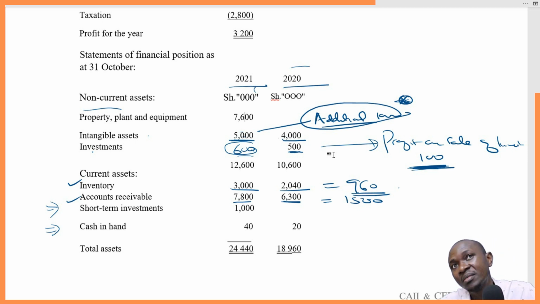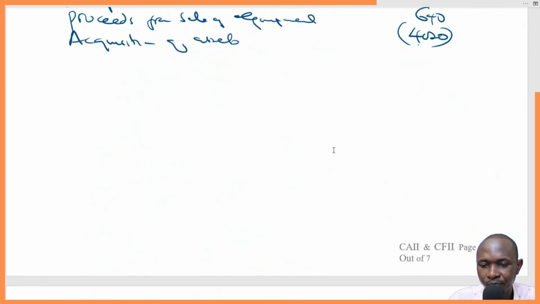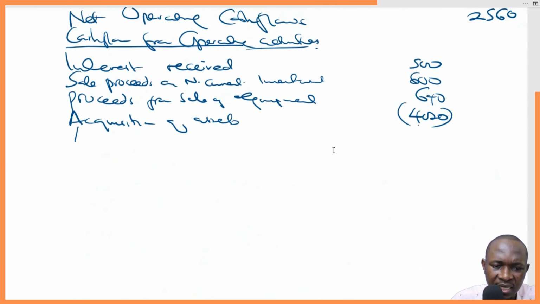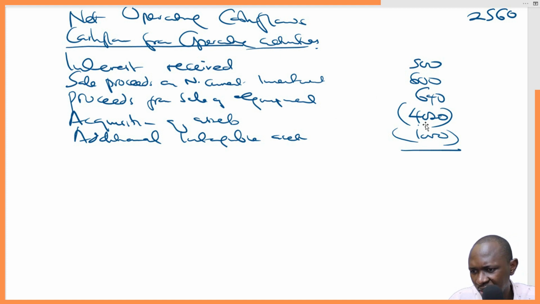And if we purchase, it means money went out. So if money went out, that is a cash outflow. So you simply come here and say additional intangible asset, 1,000, and this money went out. So then I think we are done. This is 500 plus 600, that is 1100, plus 640, that is 1740.